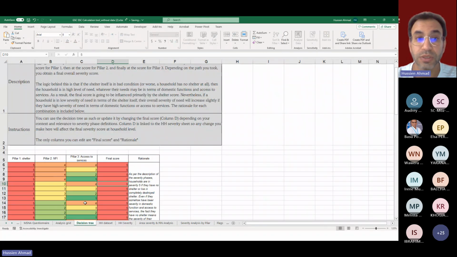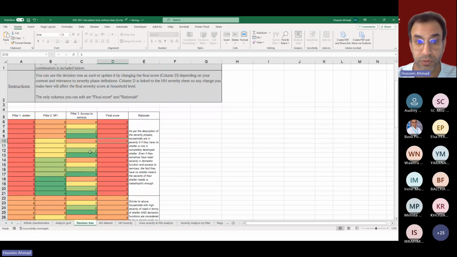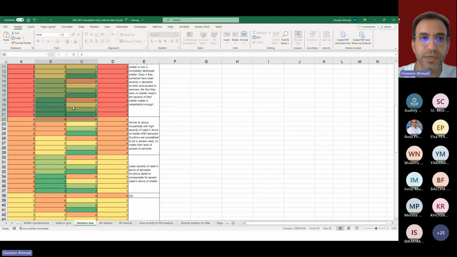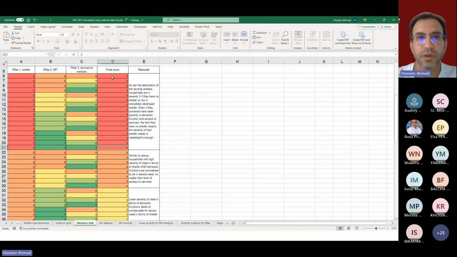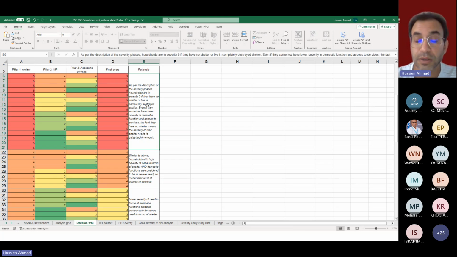The decision tree means that if pillar 1 is 5, according to this structure currently, no matter what pillar 2 or pillar 3 are, then the overall severity score for this household should be 5. And this is according to the definitions of the severity phases that we have seen last time, and we briefly looked at them today.